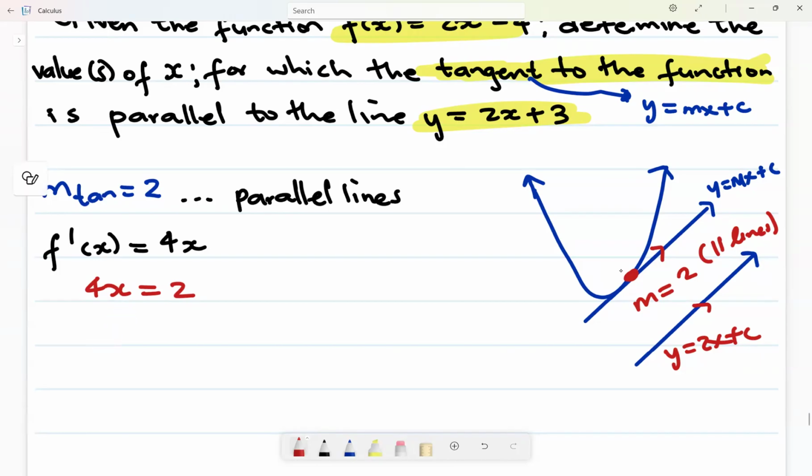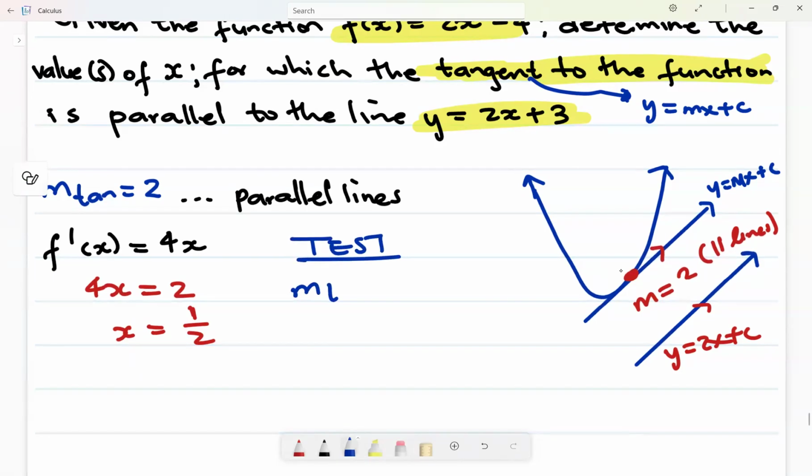So when I do my mathematics, 4x is equal to 2, so x is 2 divided by 4. It is half. So here is the value of x such that the derivative of the function at this point is equal to the gradient of a tangent. Let's see if we are telling the truth. Let's test.